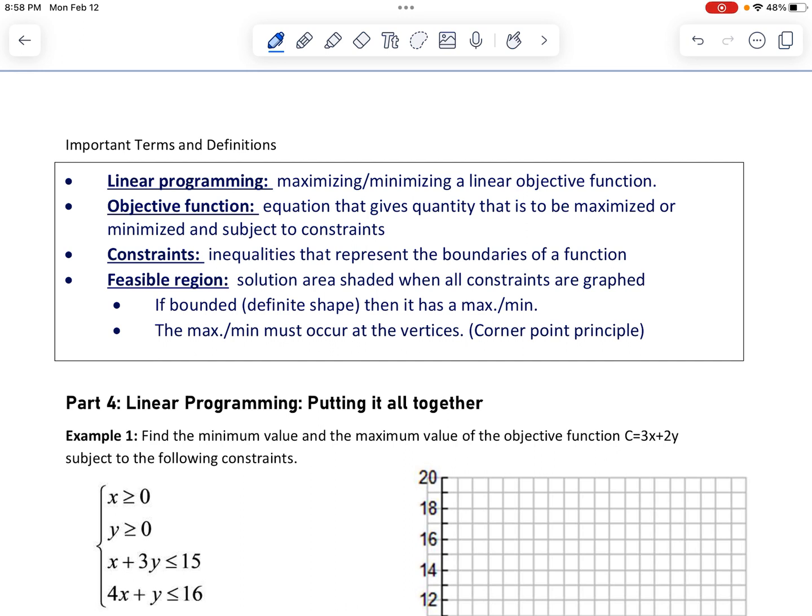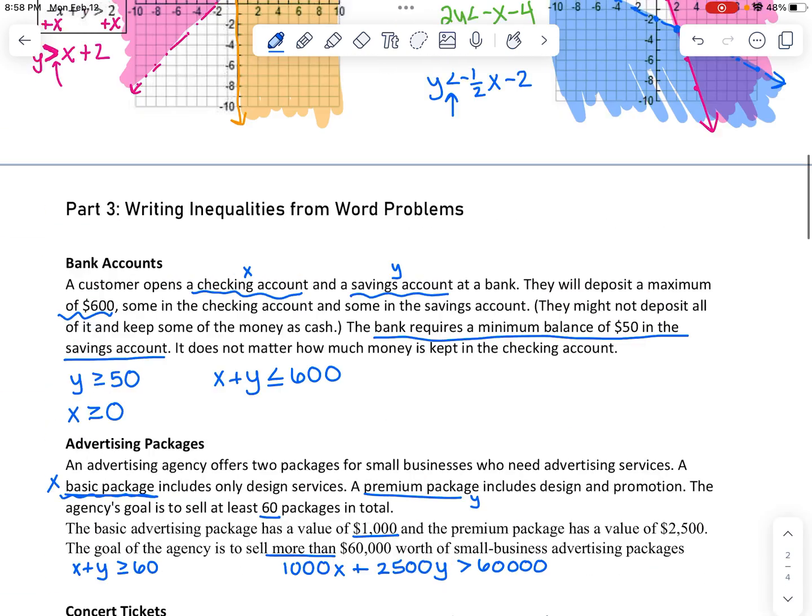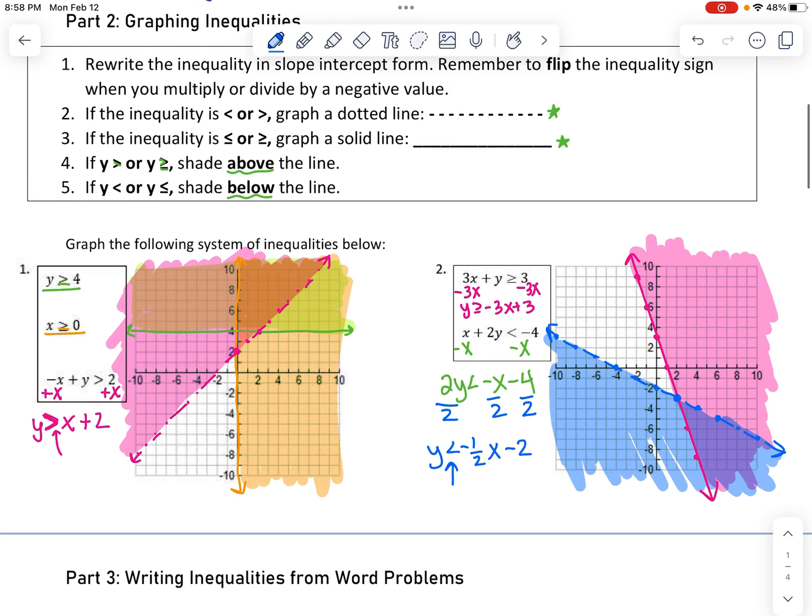It's some restriction. And now this is a little bit of a new term here, and that is the feasible region. The feasible region is the region where all of the shadings overlap. I'm going to take it back real quick to part 2 when we did this. So we actually saw some feasible regions.